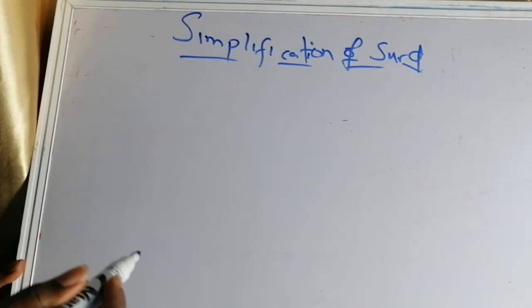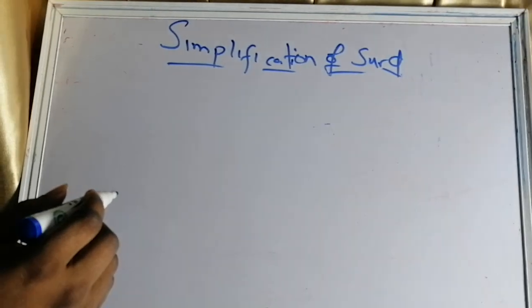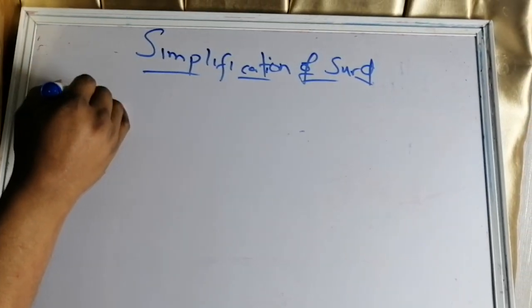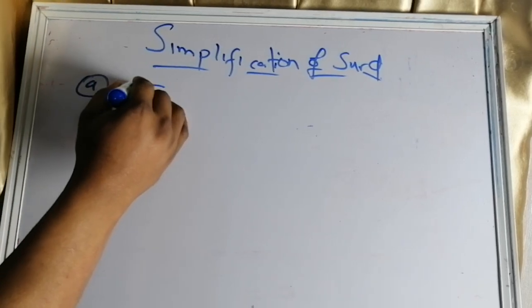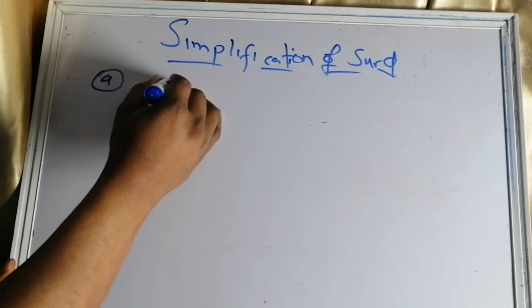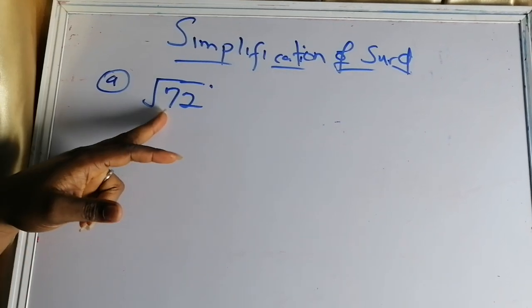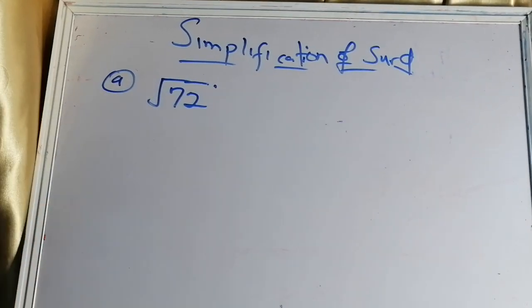Let's say for instance we have root 72, and here they say simplify root 72.